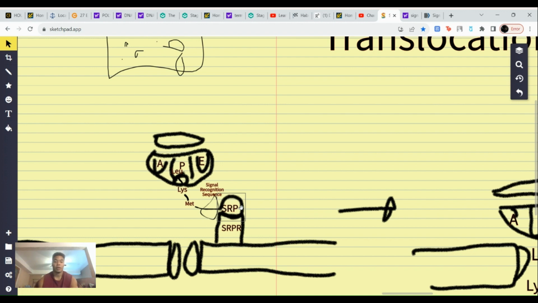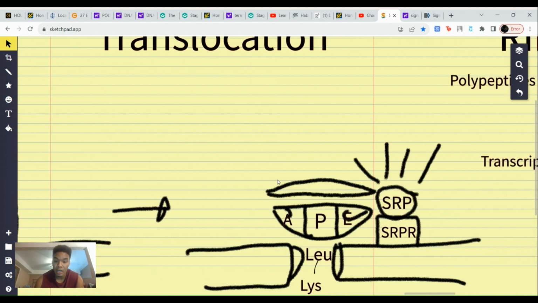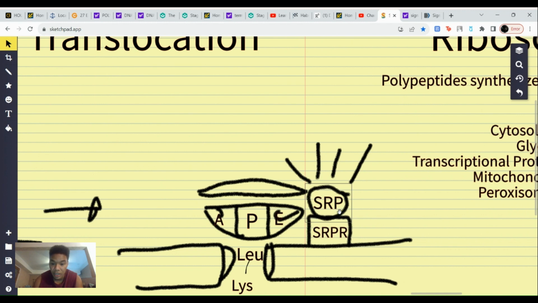So once the translated polypeptide gets to the endoplasmic reticulum using the signal recognition sequence and the signal recognition particle, the signal recognition particle, SRP, is going to bind to the signal recognition particle receptor.